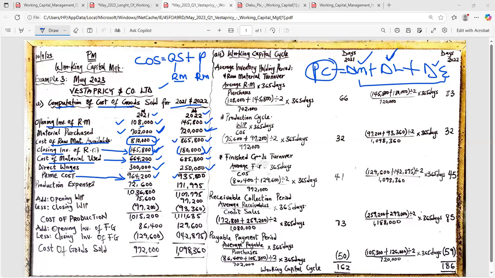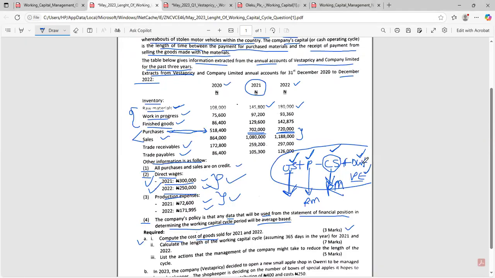Thank you. So now that we have our prime cost, the next thing for us to do is to not forget our production expenses. Remember I told you that my production expenses is an indirect cost. This production expenses given in this question is an indirect cost, so I also need to factor it into production.